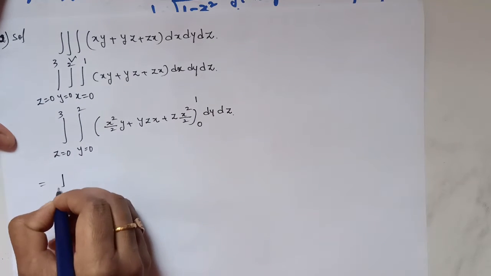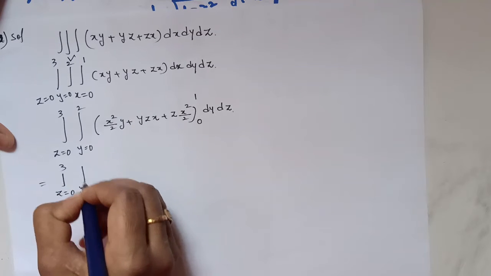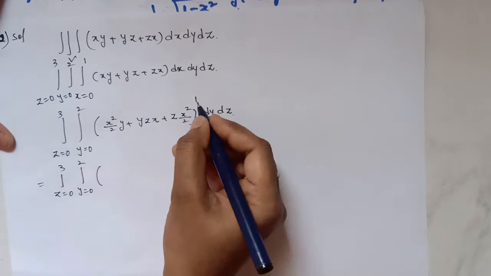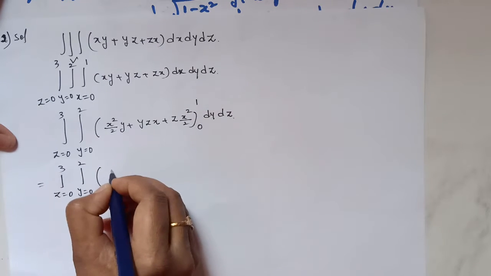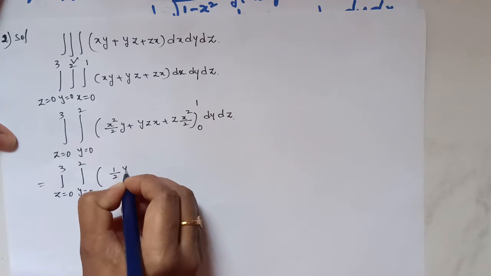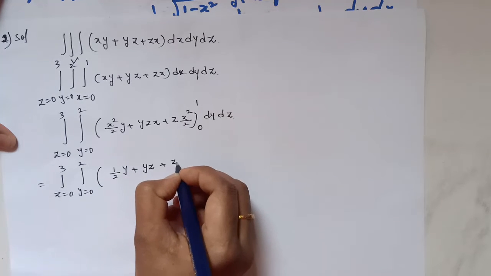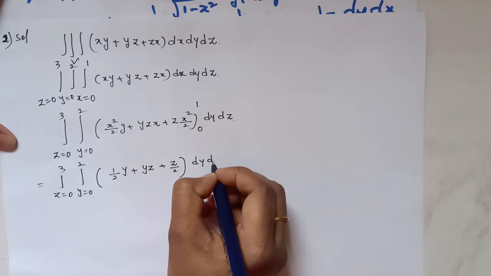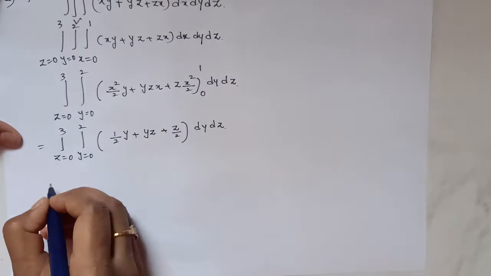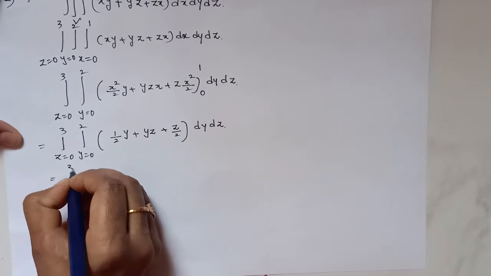Now apply the limits, z from 0 to 3, y from 0 to 2. The upper limit is 1, so in place of x we substitute 1: 1 by 2 into y plus yz into 1 plus z by 2, dy dz. So this is equal to the integral z from 0 to 3.